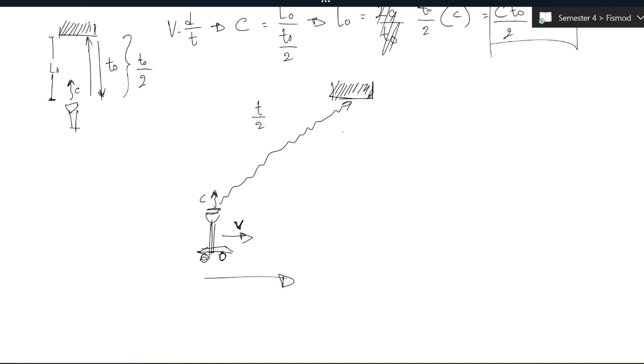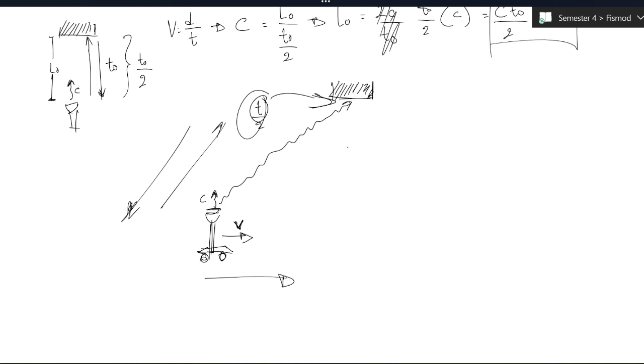Since t would be just the time from the flashlight to go there and then going back, half of that, which is just from the flashlight to the mirror, would be t over 2, as opposed to returning back, which is t.